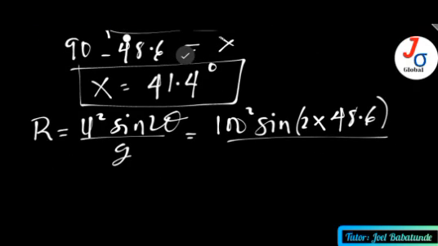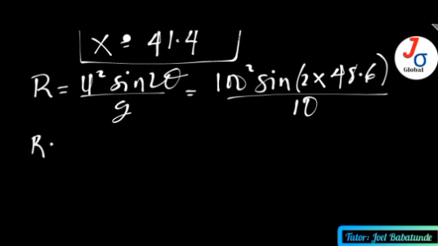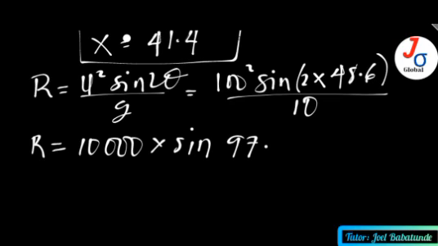And g is 10. So we have our range: 100 squared is 10,000, times sine of 2 times 48.6, that is 97.2, divided by 10.